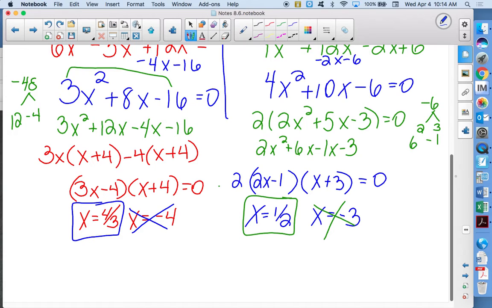So I'd like you to flip the page. And I know there's 2 on the bottom, but there's also 2 on the back page. I'd like to do the last one, number 4.